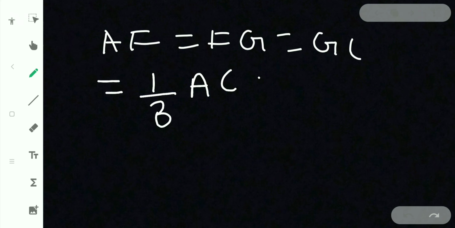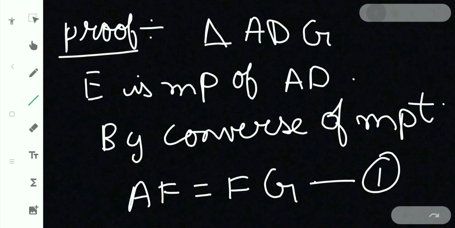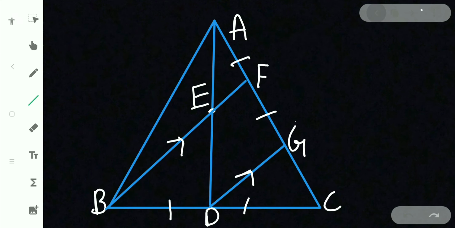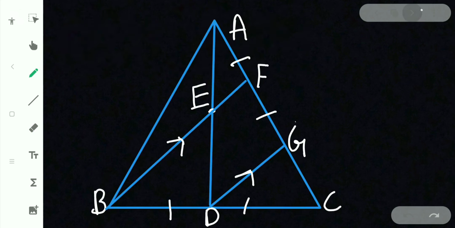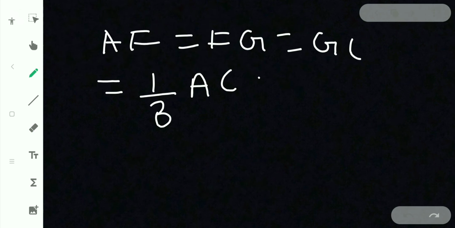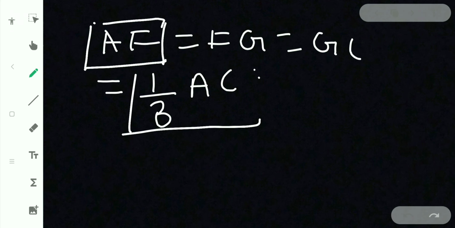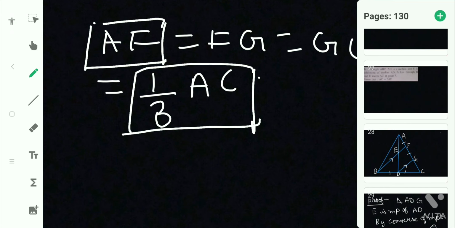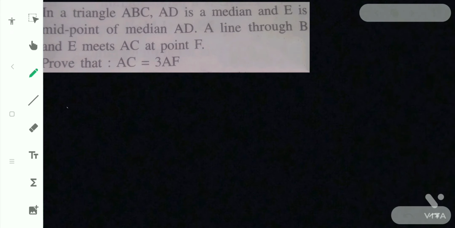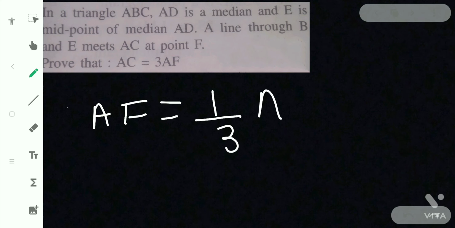Now just consider what they asked in the question. They asked prove AC is equal to 3AF, right? Now in here we can take AF and one third of AC outside. AF is equal to one third of AC.